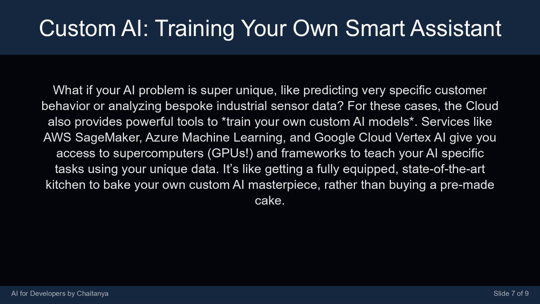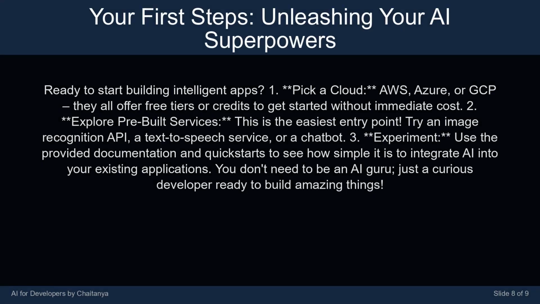Services like AWS SageMaker, Azure Machine Learning, and Google Cloud Vertex AI give you access to supercomputers, GPUs, and frameworks to teach your AI specific tasks using your unique data. It's like getting a fully equipped, state-of-the-art kitchen to bake your own custom AI masterpiece, rather than buying a pre-made cake.